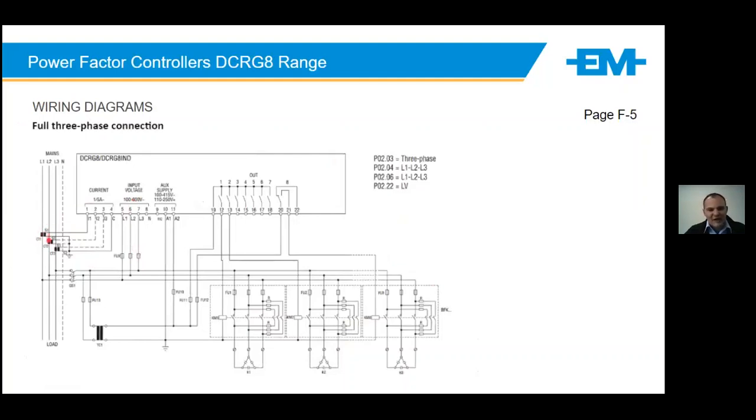So if I had 3 CTs installed, if I was to go to my harmonic page on the controller, I'm able to see each phase's condition. If I only had a single CT, I could be missing the conditions of the other phases on the harmonics page, as per example. The DCRG8 can be considered a power analyzer.